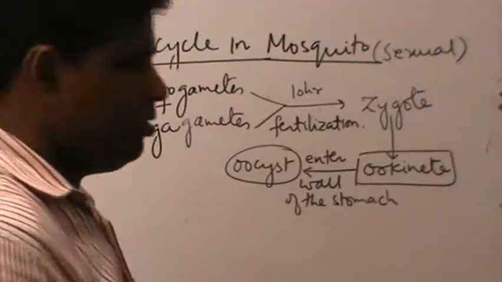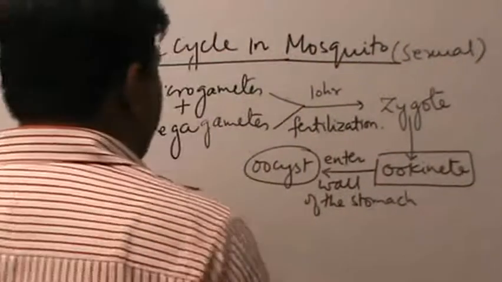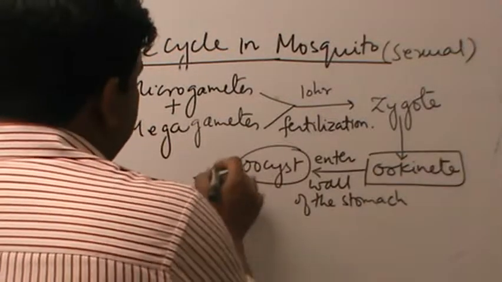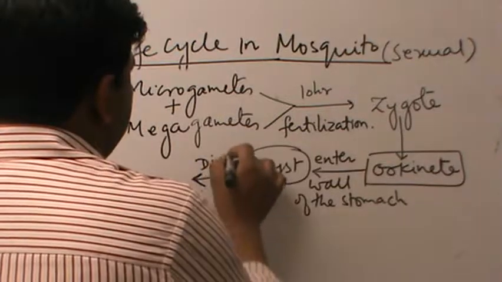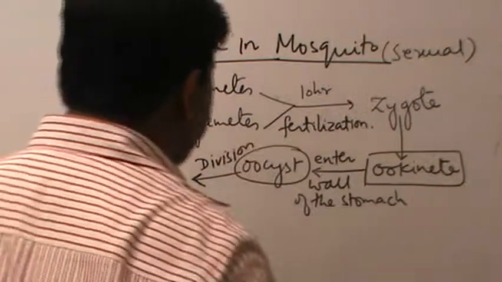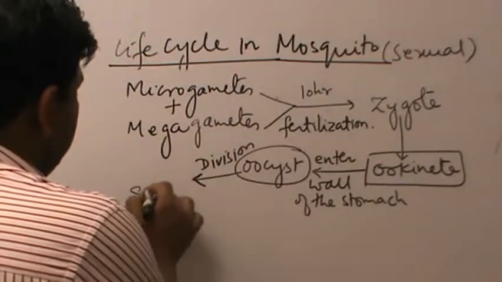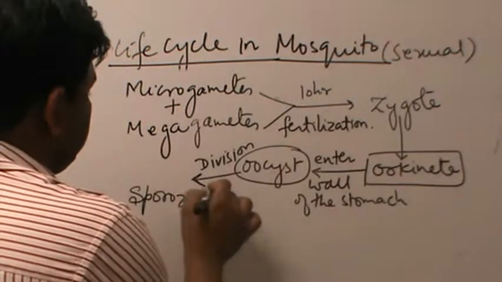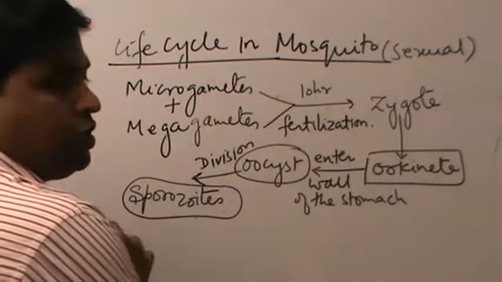It becomes an oocyst, and this oocyst will undergo multiple division and forms sporozoites in the sporont.